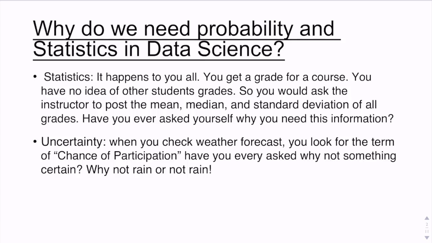Whenever we do prediction, these predictions are not 100% certain. There is some uncertainty about these predictions. Therefore, we also use statistics to show that uncertainty. So these are two main reasons why we are using statistics in data science.